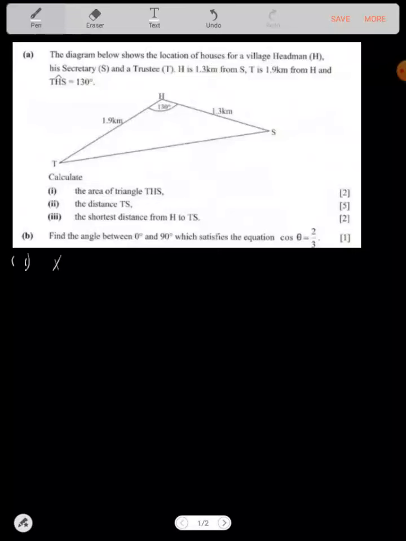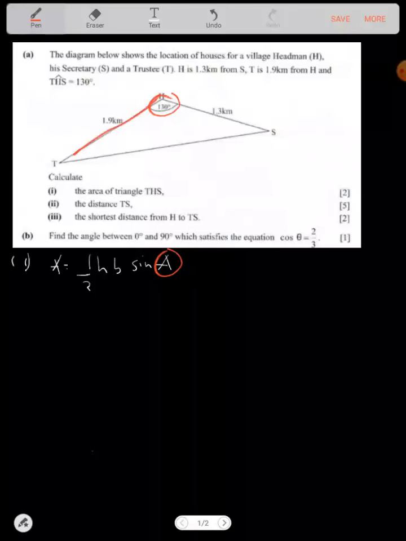The area of the triangle is given by half ab sine A. What we mean by that is that the angle which we are looking for is the angle here, and this angle should be subtended by this line and that line.